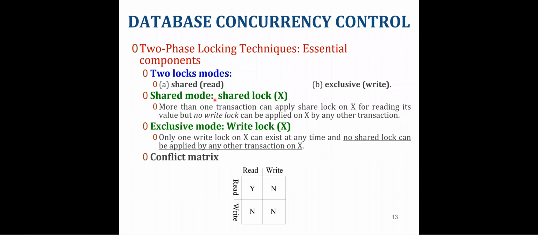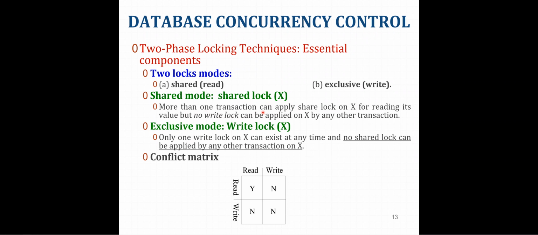So we have what we call a shared lock. More than one transaction can apply a shared lock on X for reading its value, but no write lock can be applied on X by any other transaction.